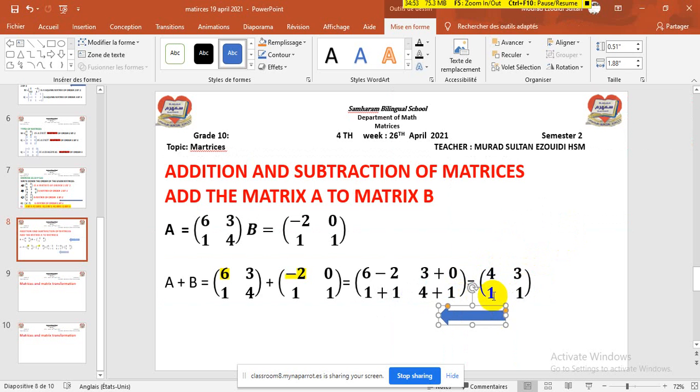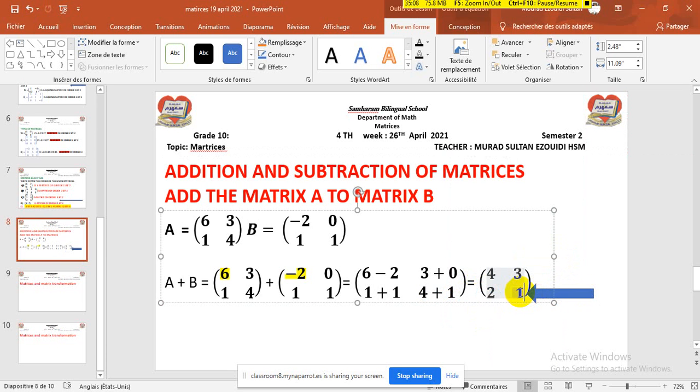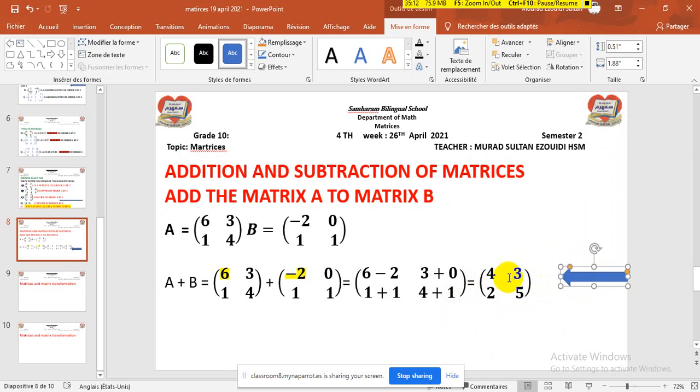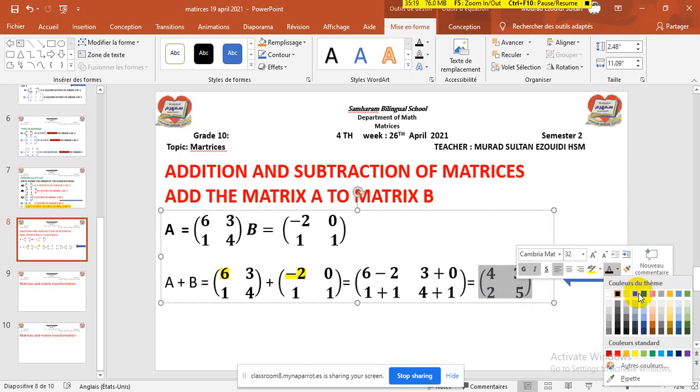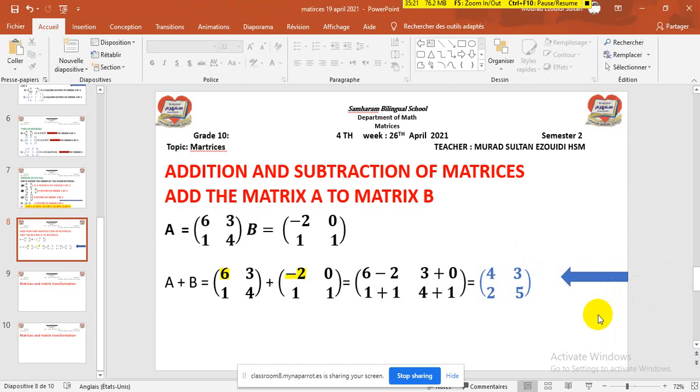Then the second row, second column, 4 plus 1 gives 5. Clear or not clear? This is how you add two matrices, my daughters. This is the last answer.